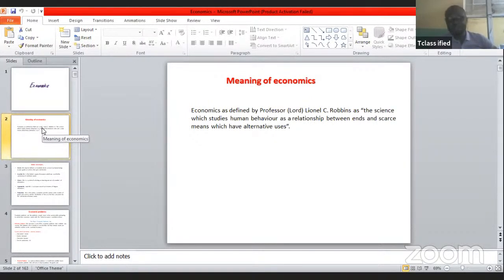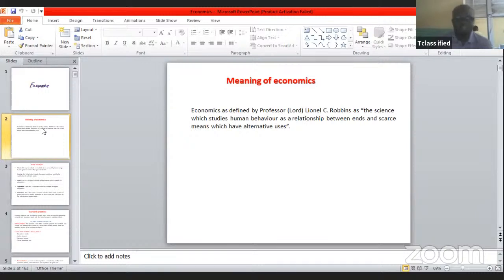Economics has been defined by several authors and very popular people, but the generally accepted definition we are using is the one given by Professor Lord Leonard Robbins, who defined economics as the science which studies human behavior as a relationship between ends and scarce means which have alternative uses.